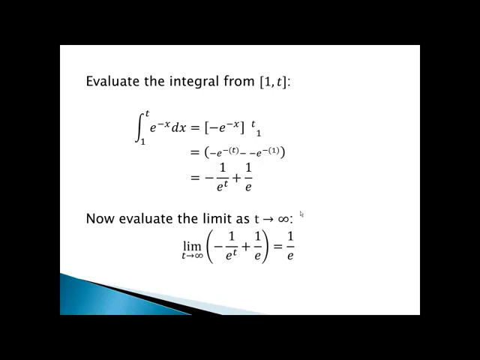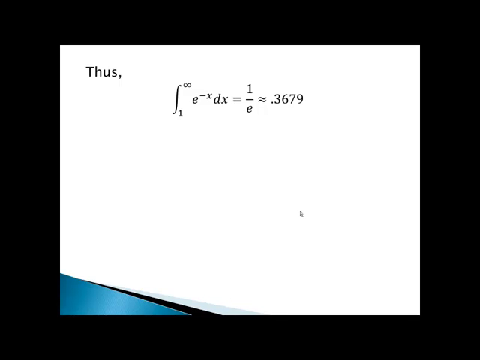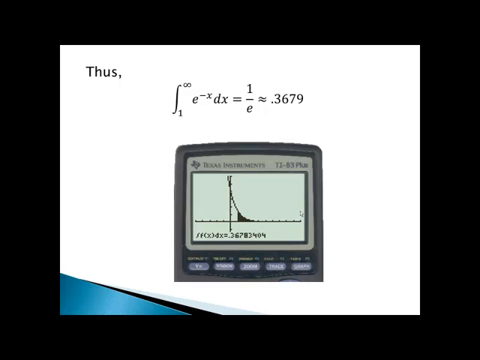Now I'll evaluate the limit as t approaches positive infinity. In the first term, as t gets big, the value of 1 over e to the t goes to 0. In the second term, 1 over e remains 1 over e. So I get that the integral from 1 to infinity of e to the negative x with respect to x is equal to 1 over e, and this means that my integral converges. Again, if I use the calculator to evaluate this integral, I see that it gives me a value very close to 1 divided by e.